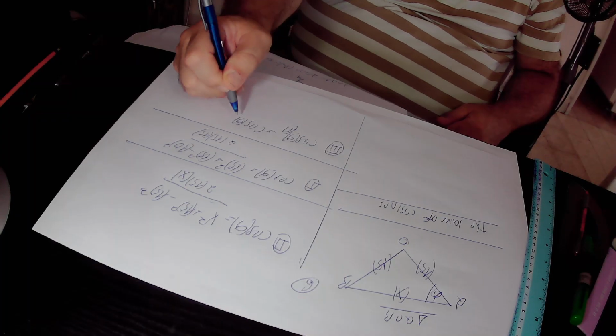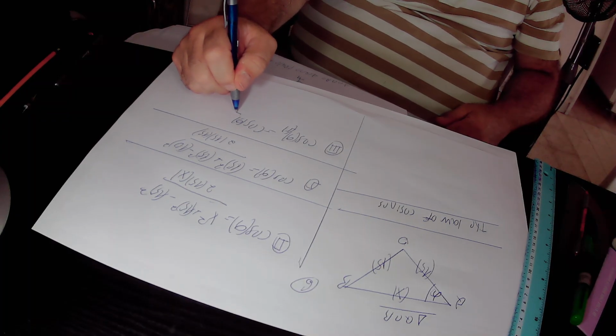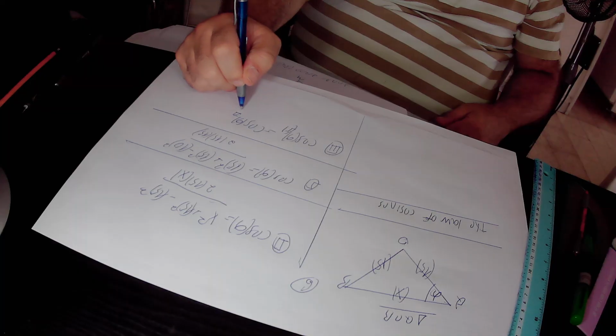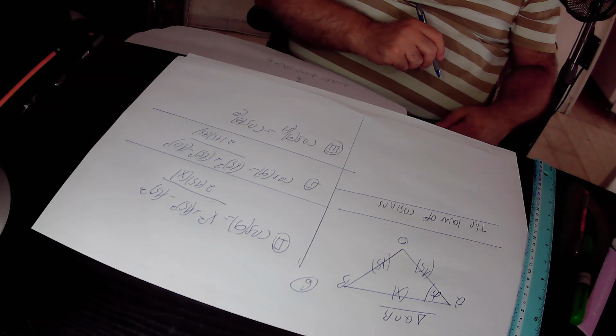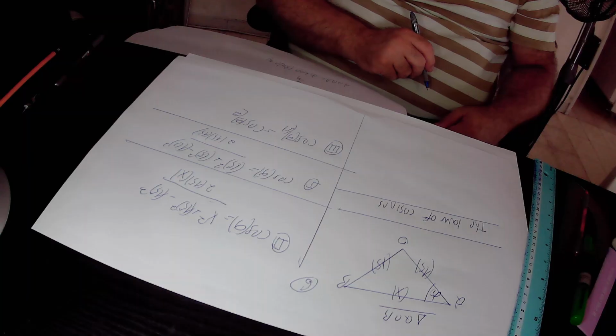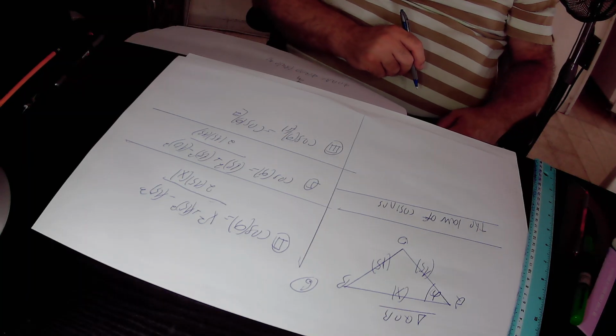And again, equation 3 states that cosine alpha according to equation 1 must be equal to cosine alpha according to equation 2. Okay?